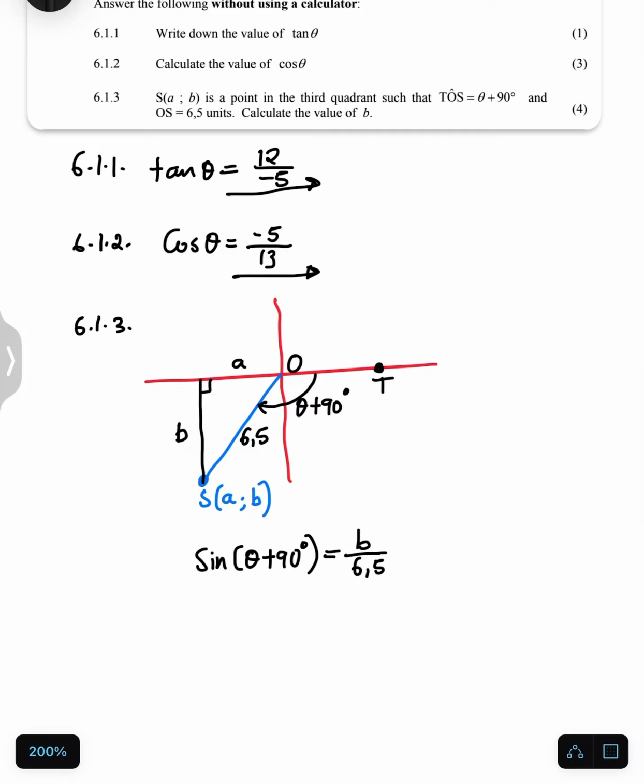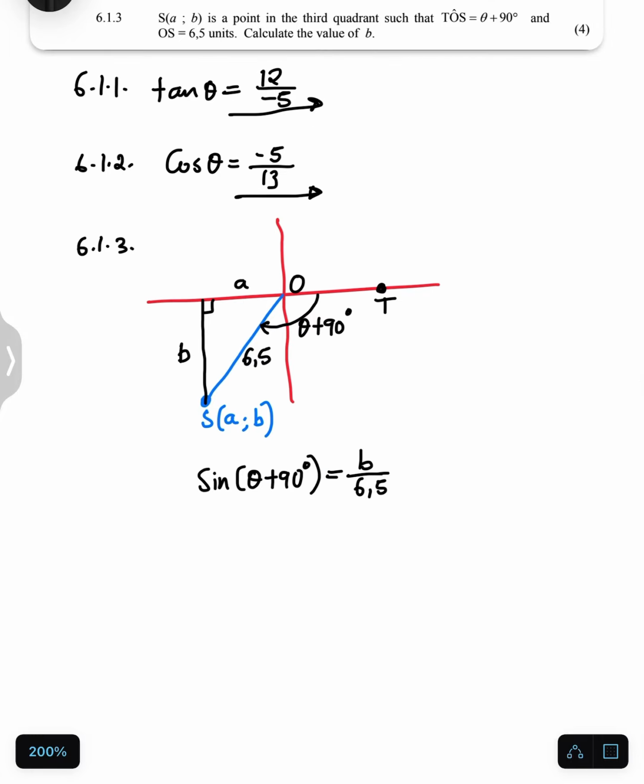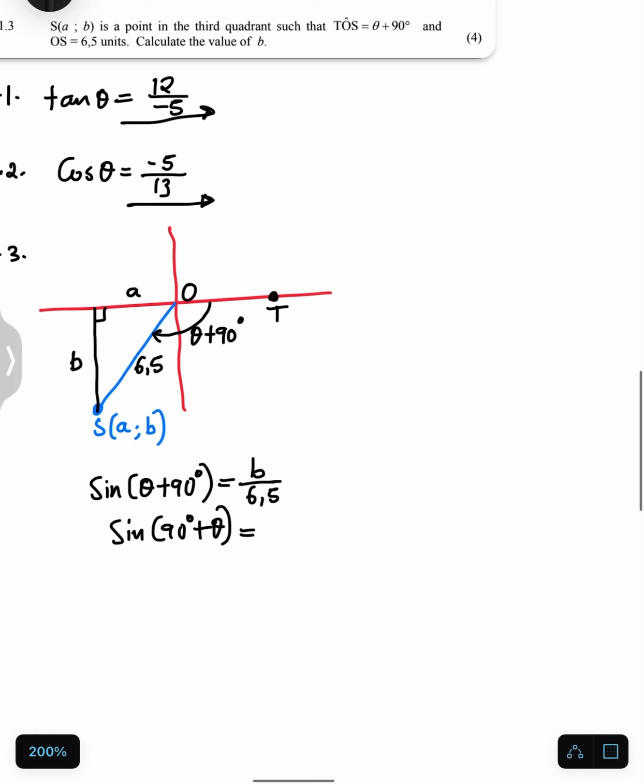But sine of theta plus 90, you can write it as 90 degrees plus theta. On the other side it is still the same, B over 6.5, the right hand side.